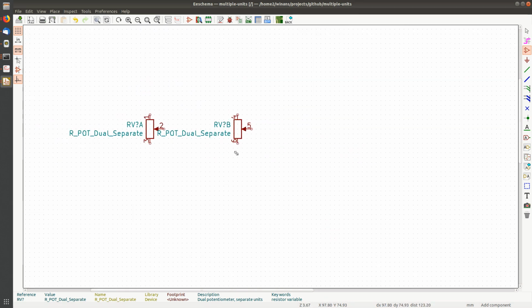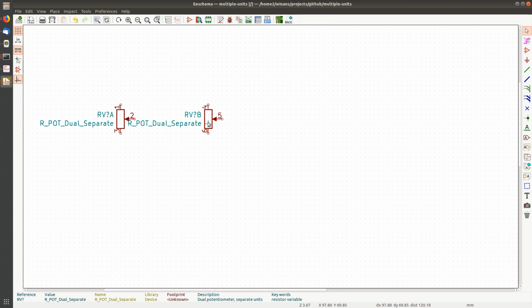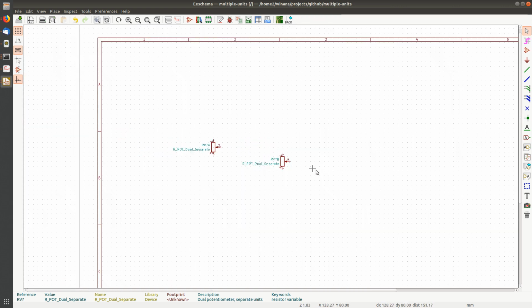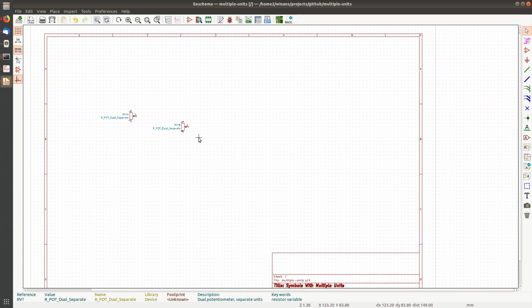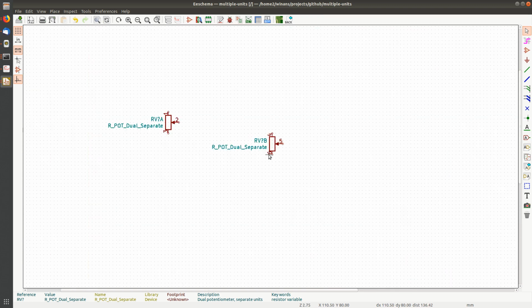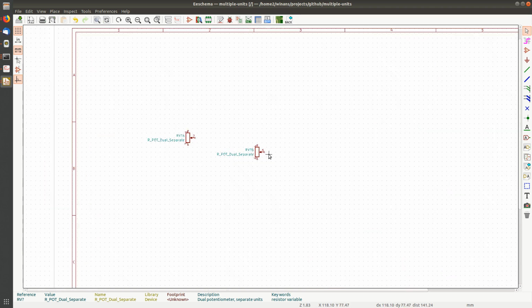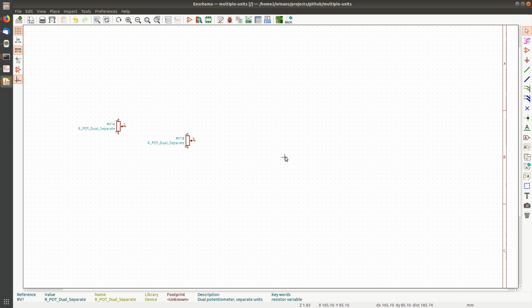Now, this might be more useful than the one single multi-gang drawing, because, for example, let's say these are the volume controls for your super exciting, super duper amplifier you're building. And let's say you have a 1-channel schematic drawing that fits on a sheet, and it has a volume control knob in there. Well, you can use the same sheet on 2 different sheet symbols like we did with the mic preamp project, and you can put one of these pots on one sheet and one on a separate sheet.